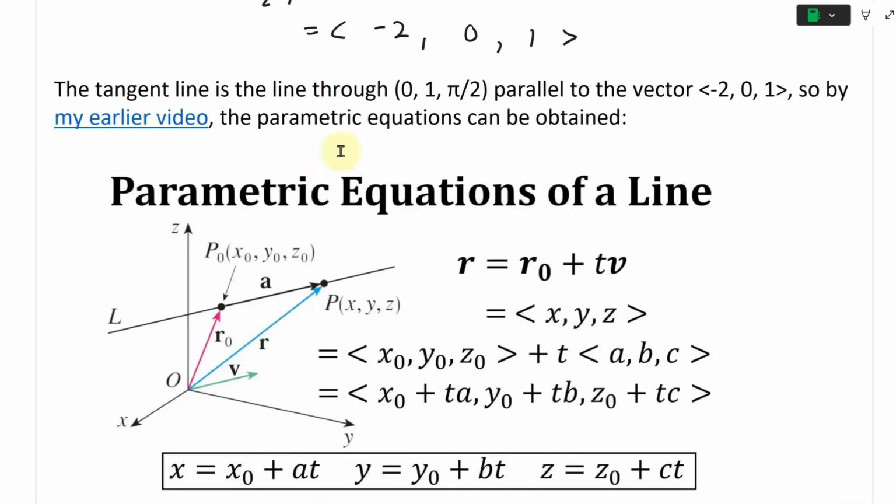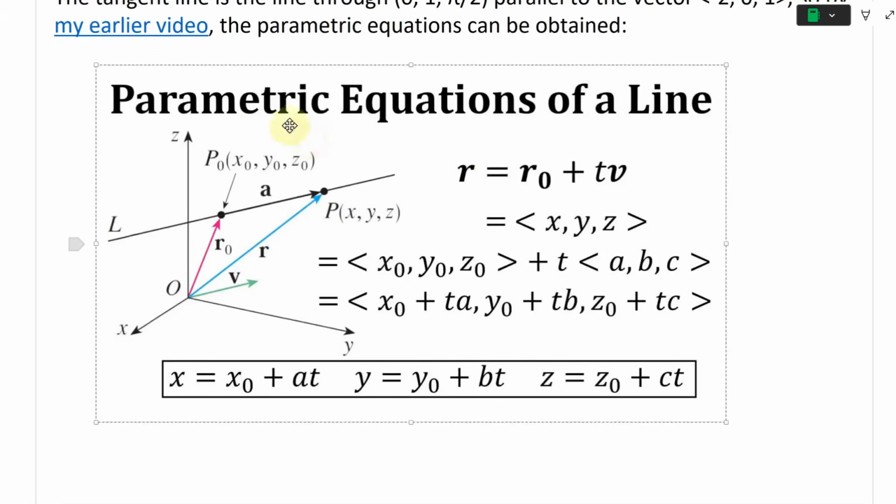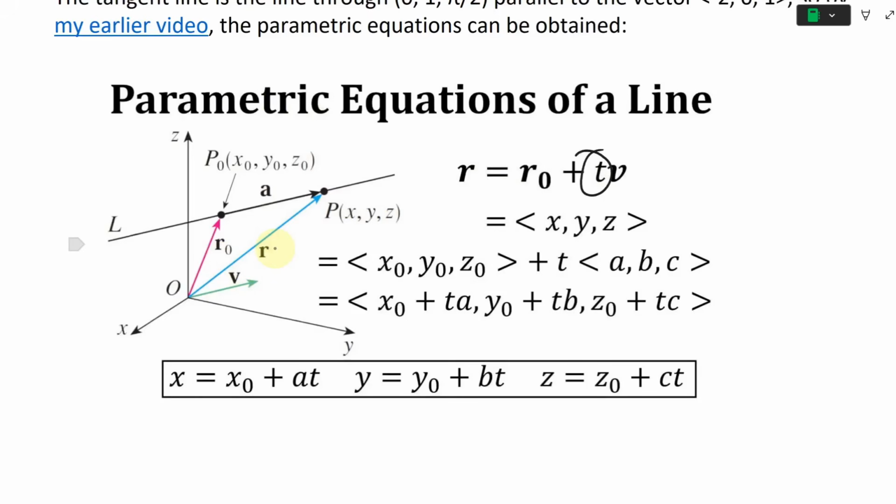By my earlier video, and I put a screenshot of that here, recall the parametric equations of a line. If you have the vector equation of a line, r equals r naught plus t times a tangent vector, where t is a parameter.